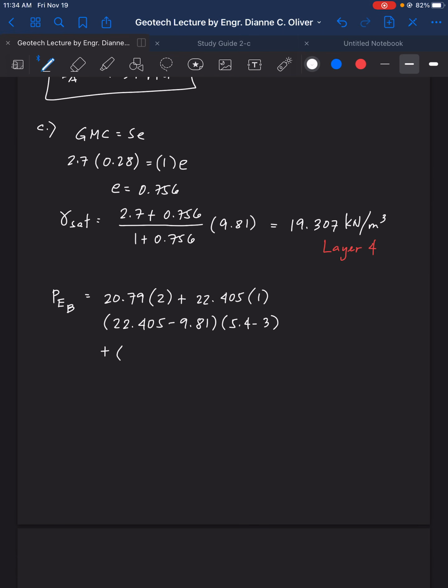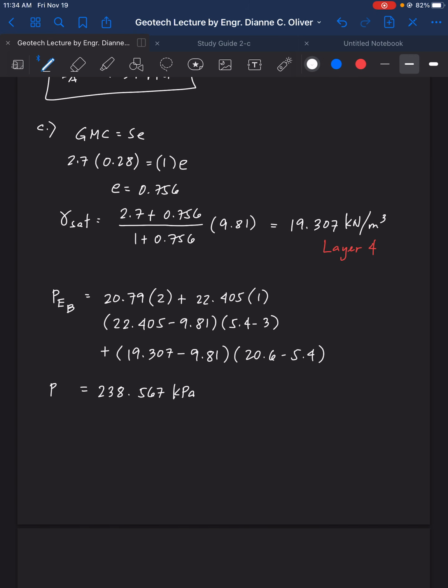So gamma sat here is 19.307 minus 9.81 times 20.6 minus 5.4. So P effective at point B is equal to 238.567 kilopascal.